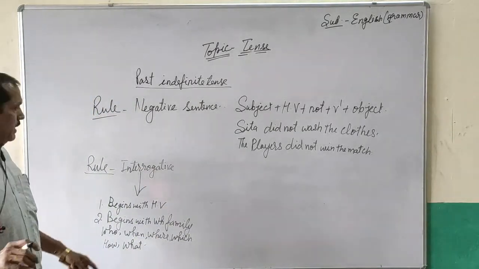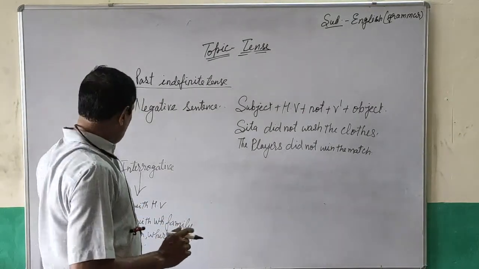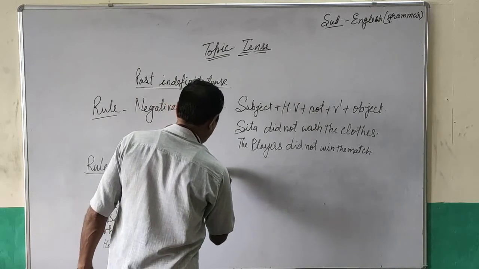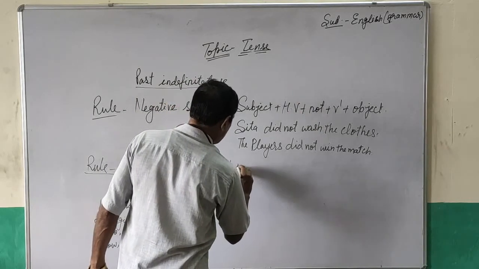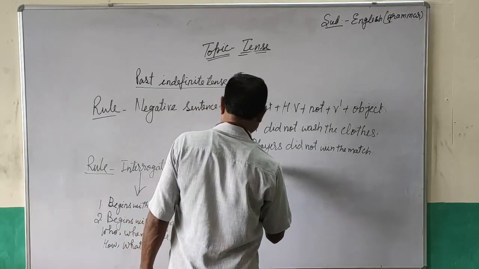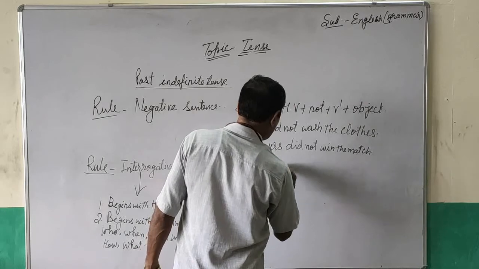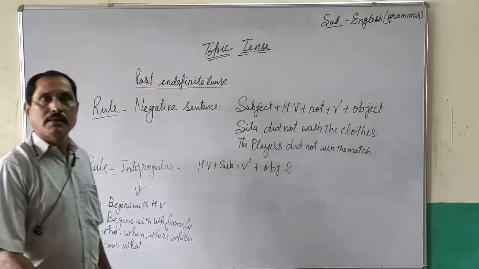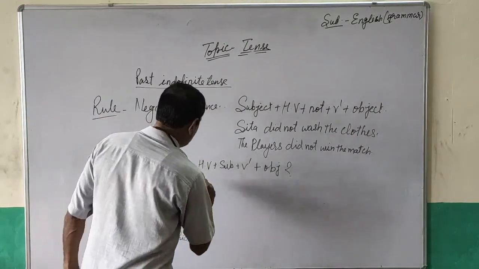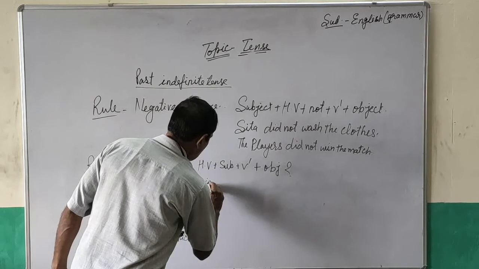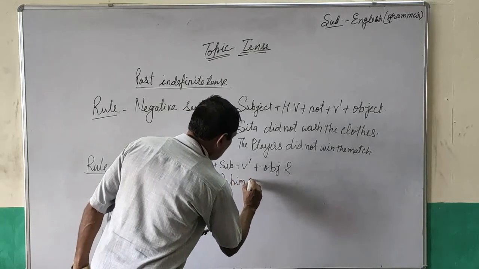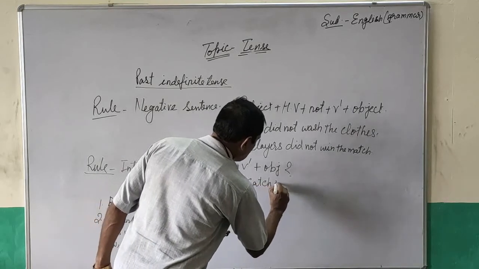First of all, we take the example that begins with the helping verb. The rule: helping verb plus subject plus first form of the verb plus object and also a question mark. Now take the example. Did Rahim catch the fish?